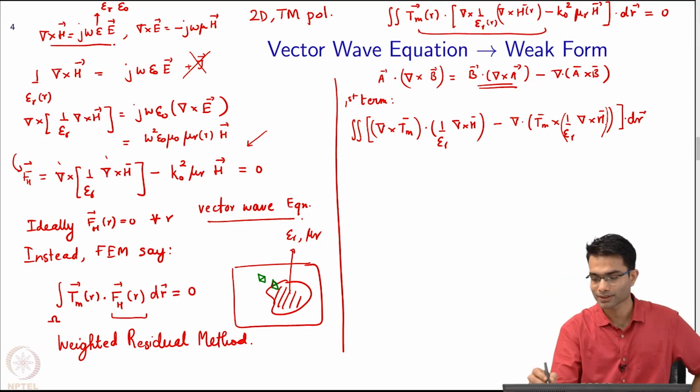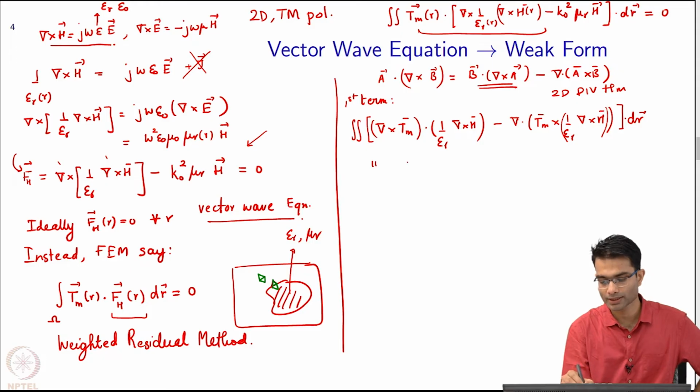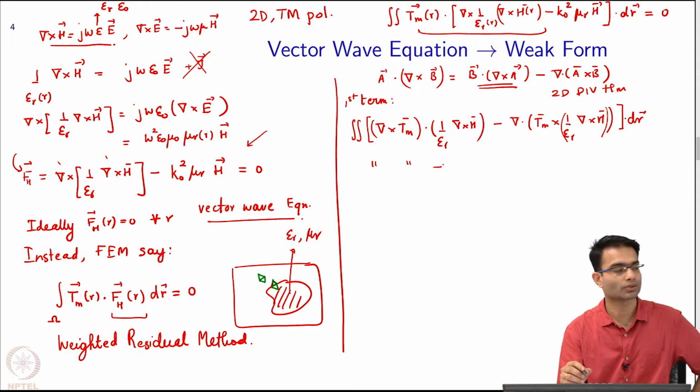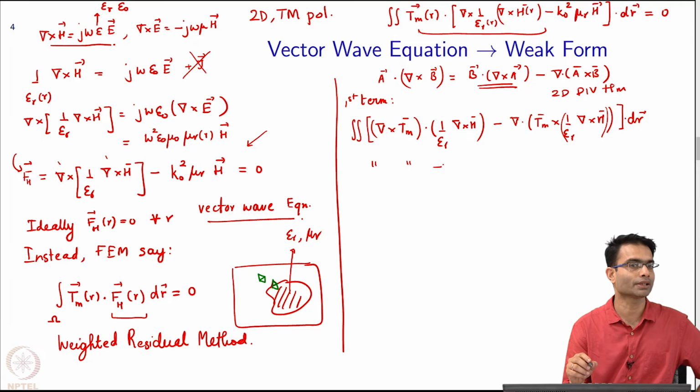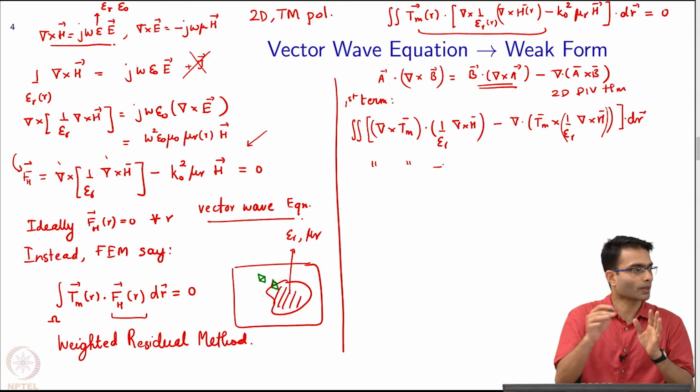2D divergence theorem, exactly. So, 2D divergence theorem, right. So, this term will remain as it is minus. So, the double integral will become a what integral? Line integral, right. The divergence theorem helps us to reduce one dimension.